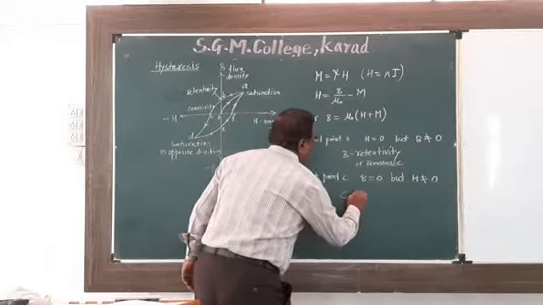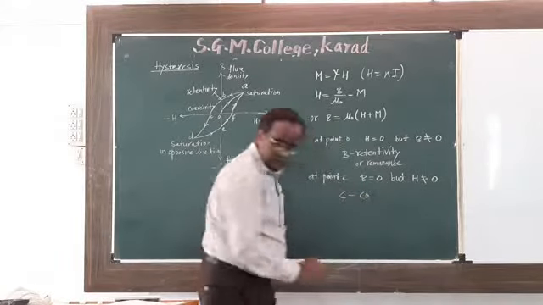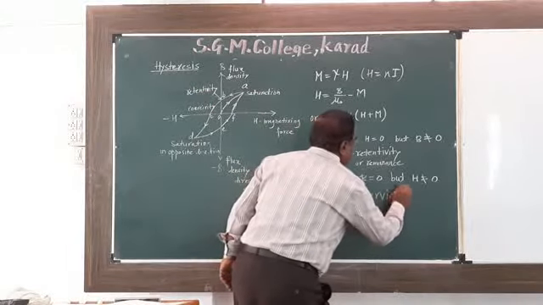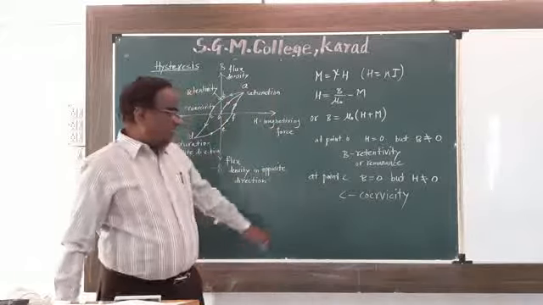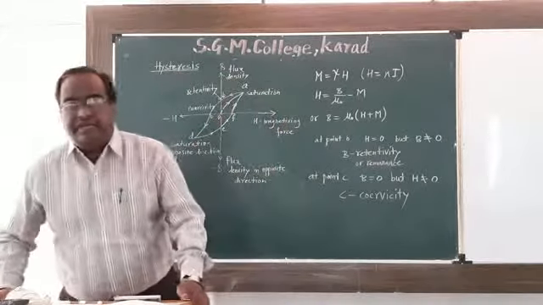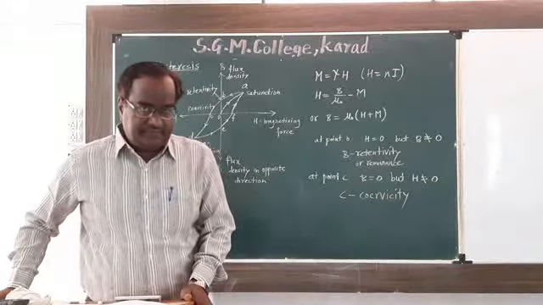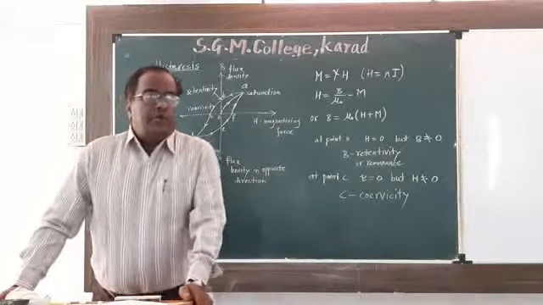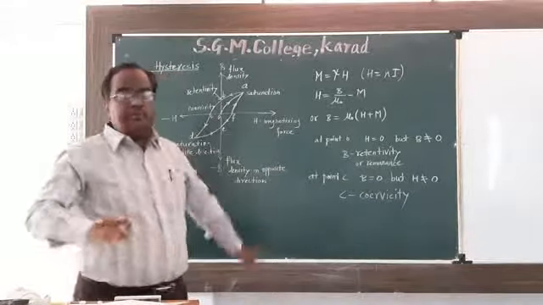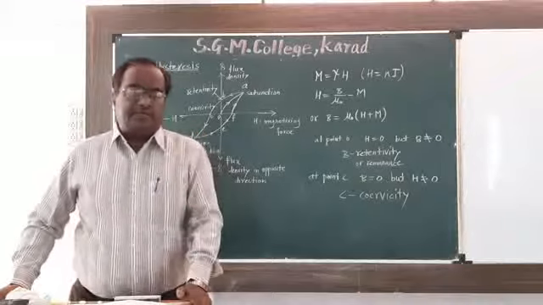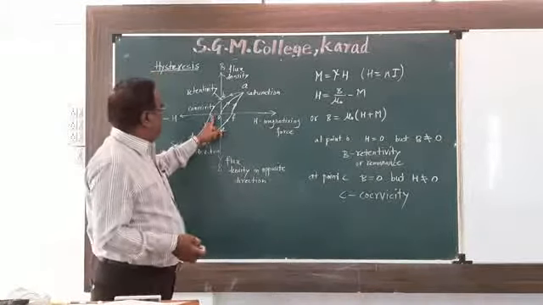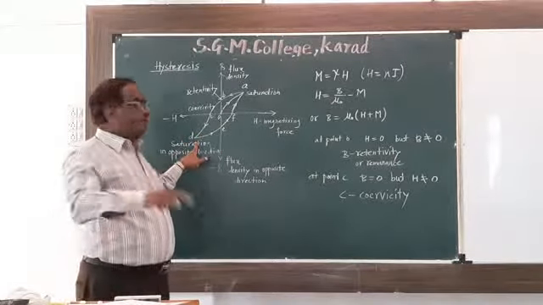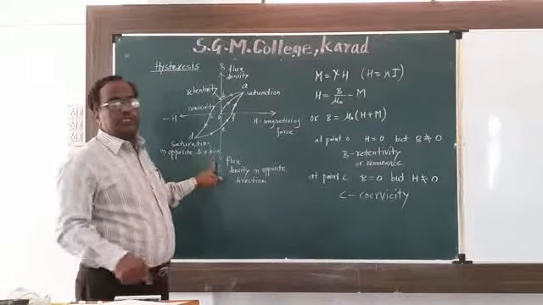This point C is called coercivity of the ferromagnetic substance. We can say the domain axes are randomly oriented in the ferromagnetic substance. Again at point C, if we increase the current in the reverse direction, we reach point D. Again saturation occurs, in the opposite direction.